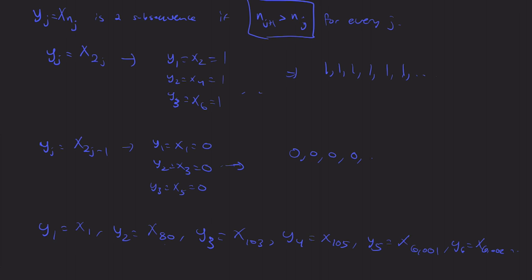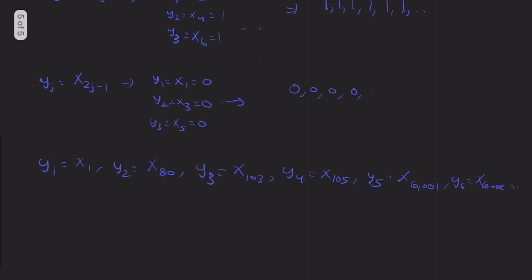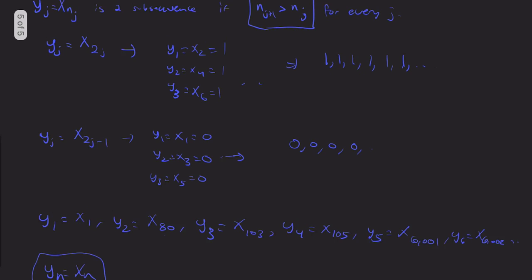So for a subsequence, you have tons of freedom as to what you can pick as long as it's increasing, so that you actually go out to infinity. You can even take the sequence itself as a subsequence, since taking the indices 1, 2, 3, 4, 5, 6 is increasing.